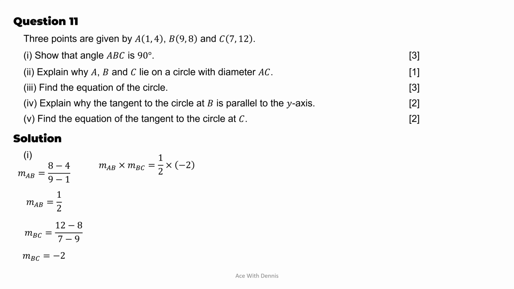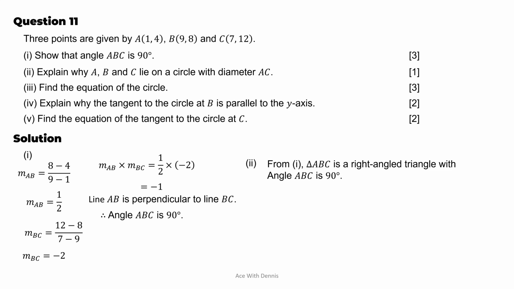From here, we multiply the gradients together, so m_AB times m_BC equals half times -2, and we get -1. Hence, we can conclude that line AB is perpendicular to line BC. Therefore, angle ABC is 90 degrees.